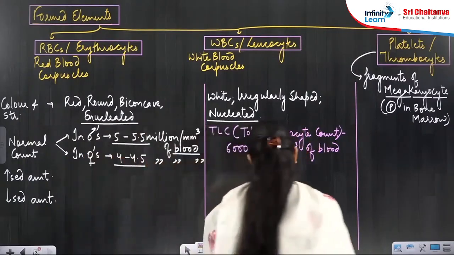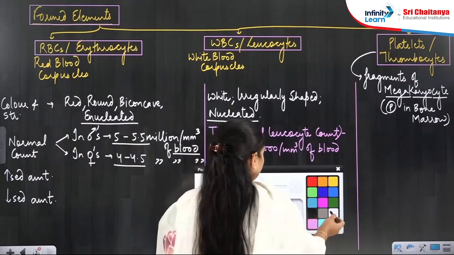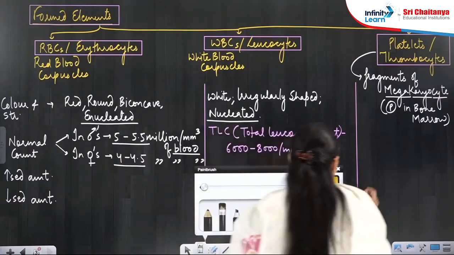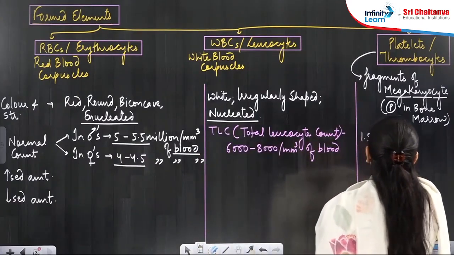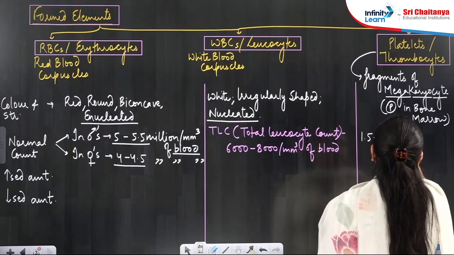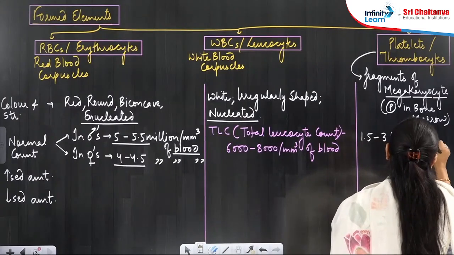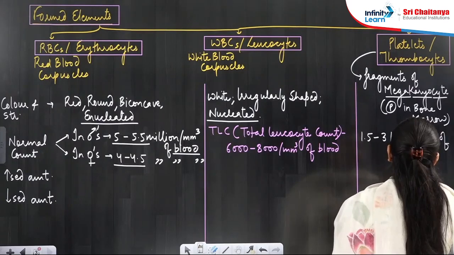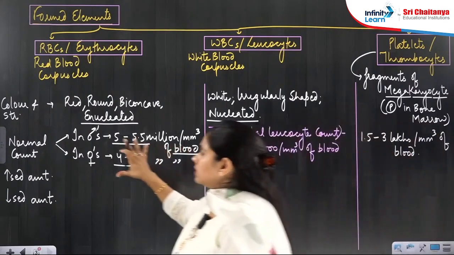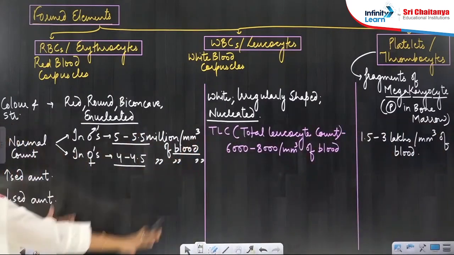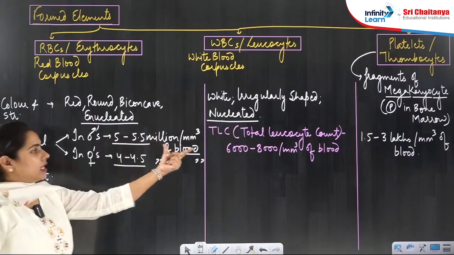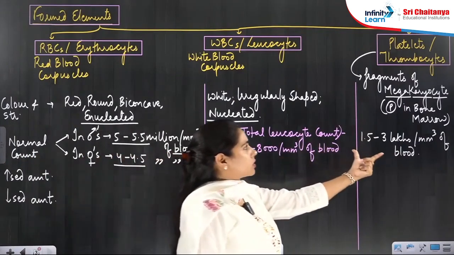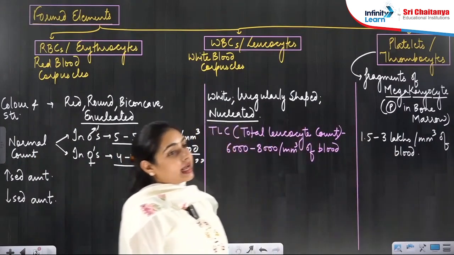The normal count of platelets is 1.5 to 3 lakhs per cubic millimeter of blood. RBC is in millions, WBC is in thousands, platelets are in lakhs.